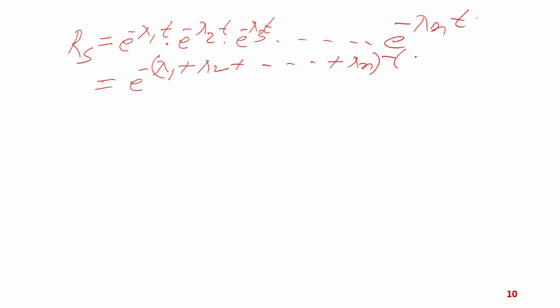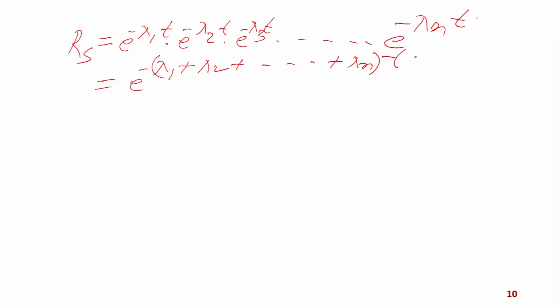Now you see from this that the system also has a constant failure rate, because this is just the algebraic sum. So, I can say that the failure rate of the system is the summation of the failure rates of the individual elements.